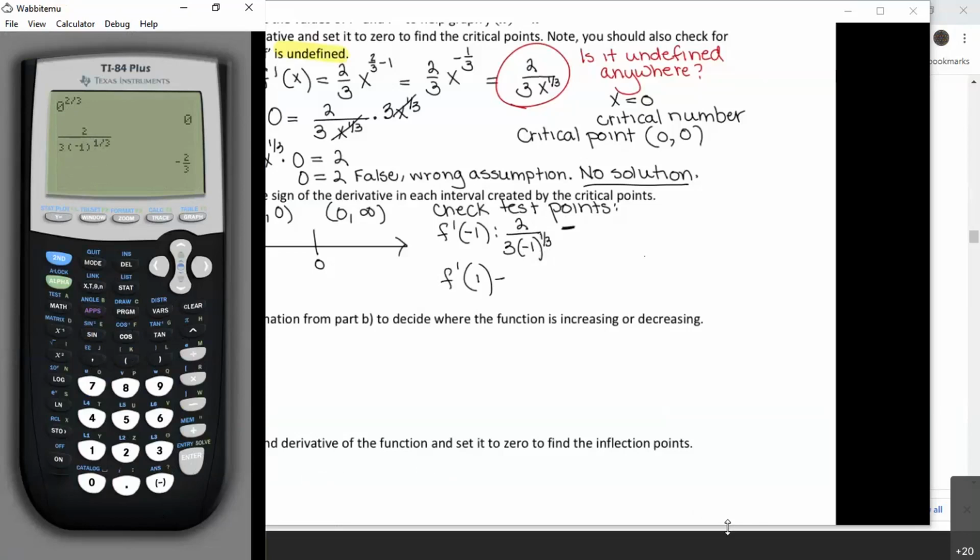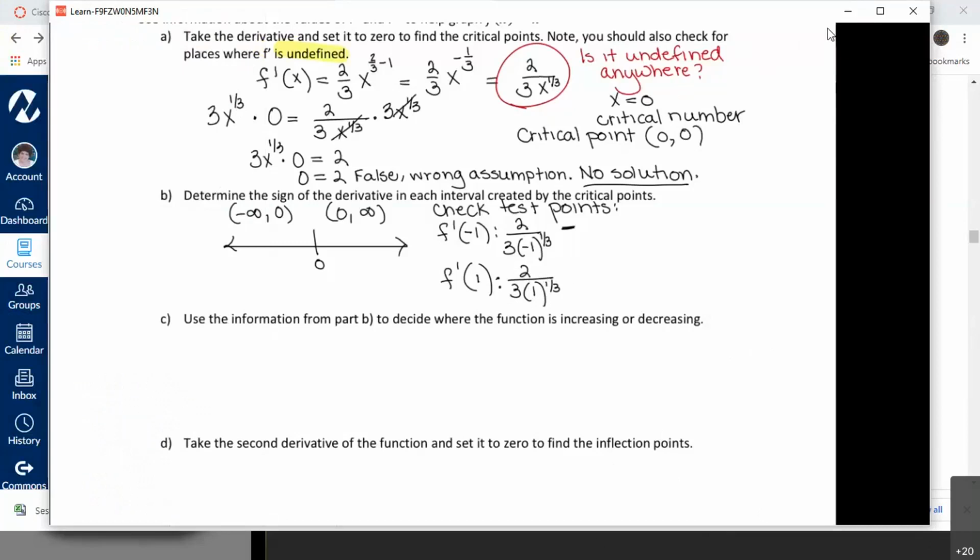And again, I promised I'd show you it with the Web 2.0 calculator. So again, I'm going to do the same type of evaluation. Just on the Web 2.0 calculator, I'm going to need parentheses around my whole denominator because it doesn't give me the fraction template. So let me just bring that up, close this one.